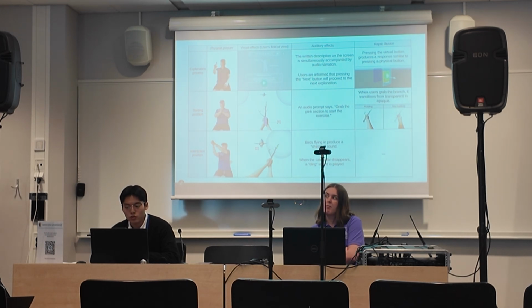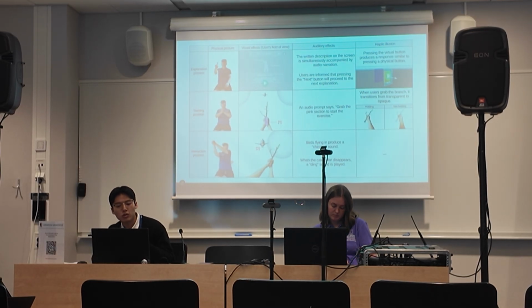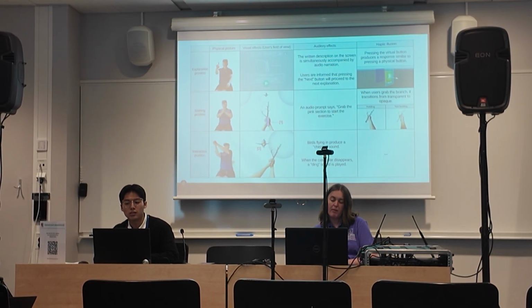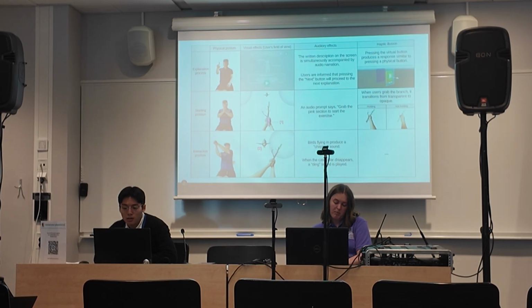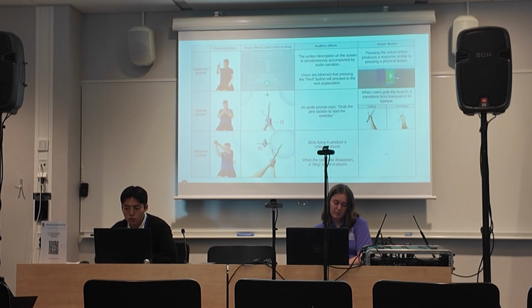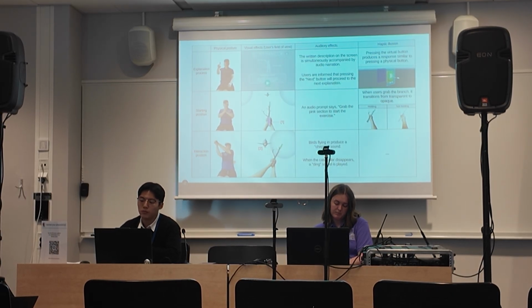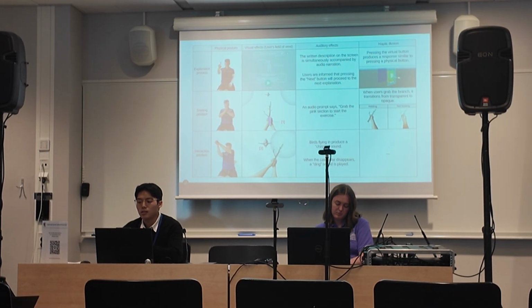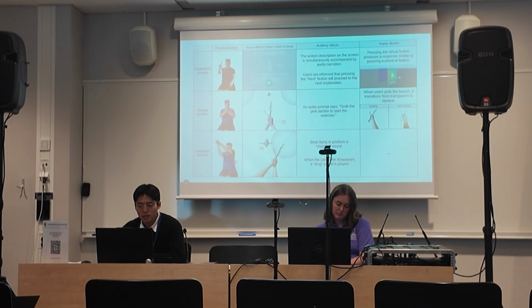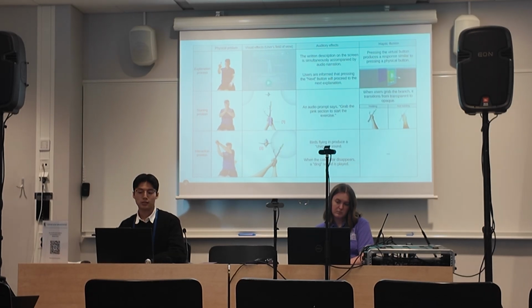For example, when users press the virtual button, the button visually moves slightly, giving users the impression they are pressing something real. Similarly, we made the virtual branch change from transparent to opaque when users grab it, enhancing the feeling of touch. These techniques together significantly improve immersion when interacting with virtual objects.